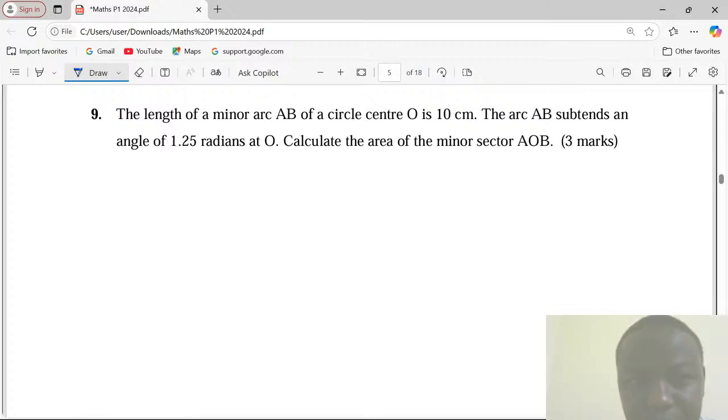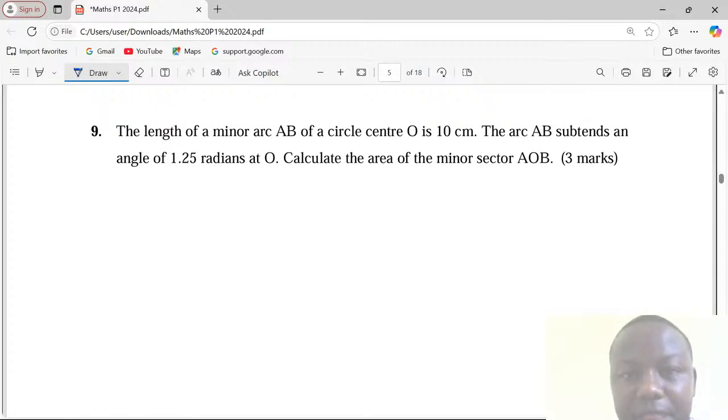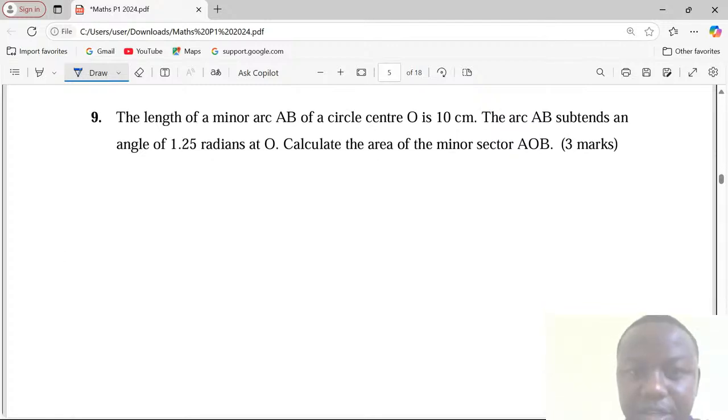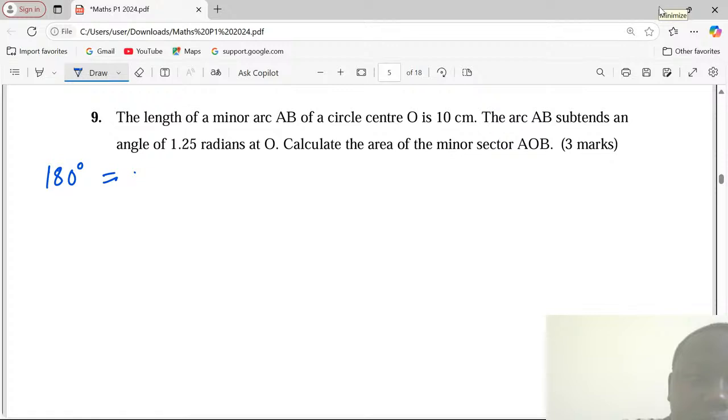So what we're supposed to do is that there are several conversions required here. We need to know the radius of the circle, that's unknown, and we also need the angle at the center in degrees. So let's know the angle first. It can be done using several methods. We can say that 180 degrees is equal to pi radians, which means 1 radian is equivalent to 180 over pi degrees.